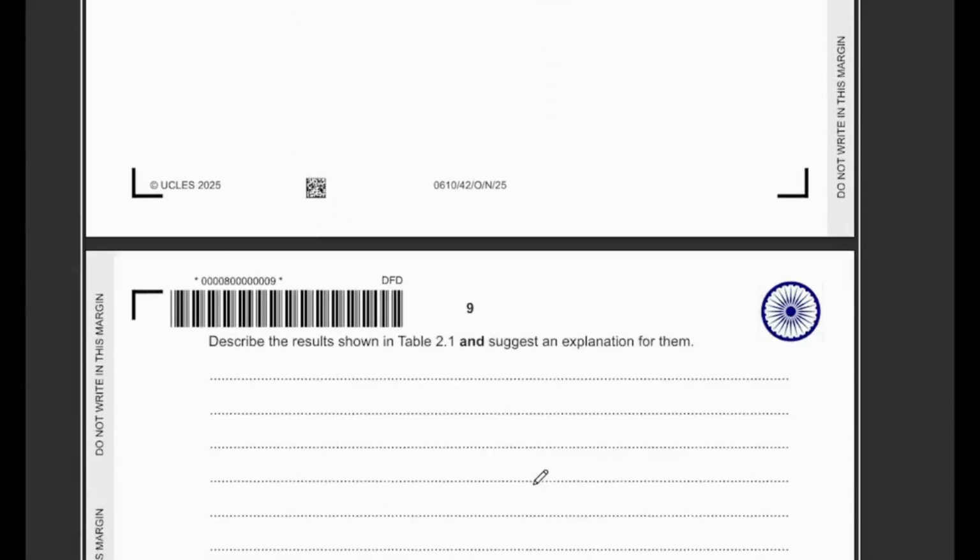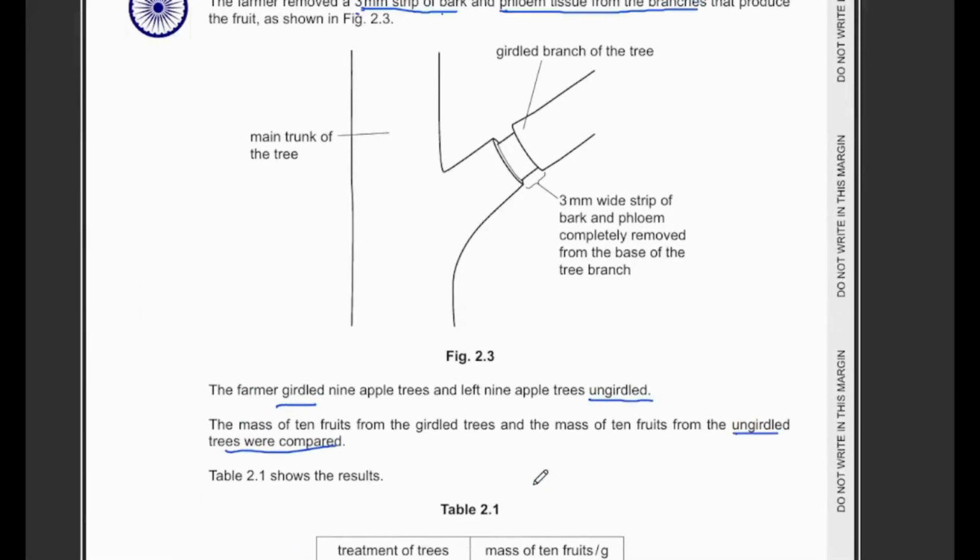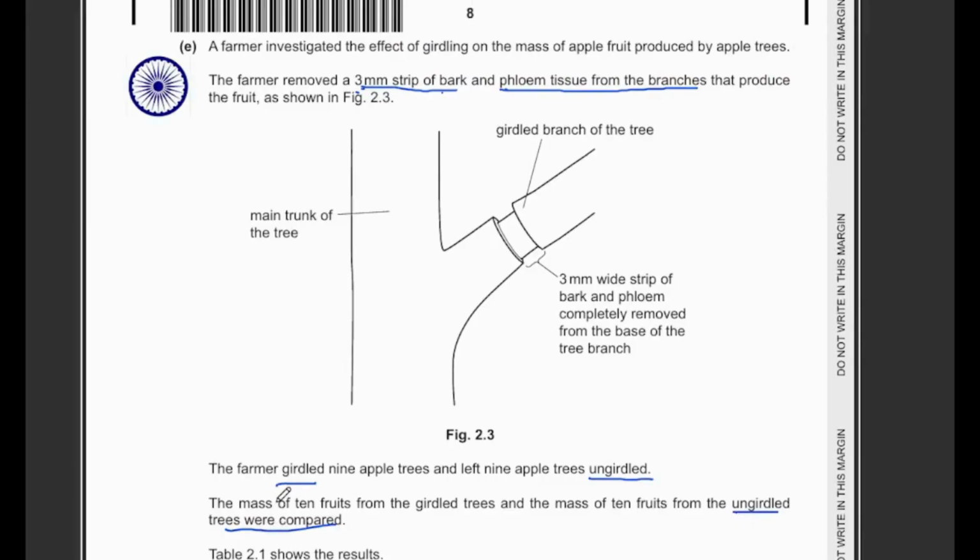Okay, let's see the question for this one. Describe the results shown in the table and suggest an explanation for them. Now, for 5 marks, we should see this. What is the farmer doing here? The farmer is taking 9 apple trees which he has girdled, and for the other 9 he did not do anything.